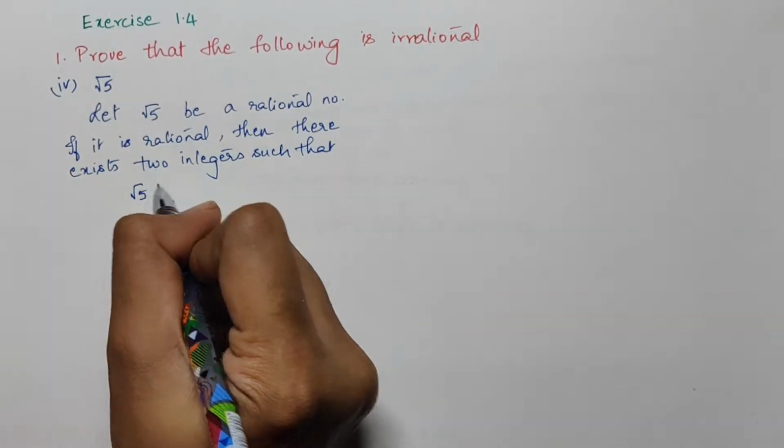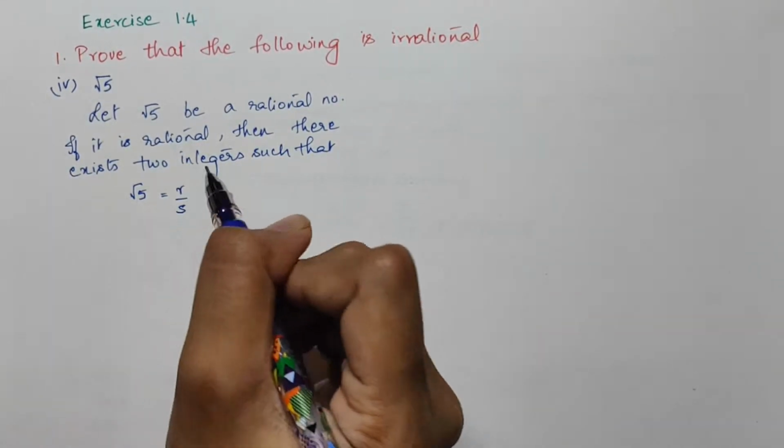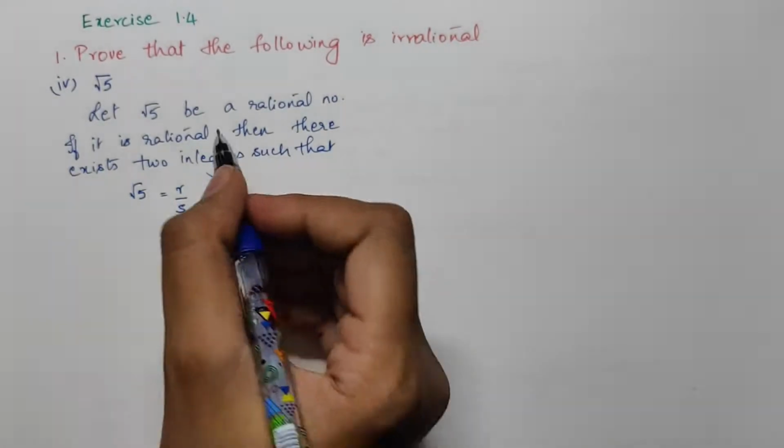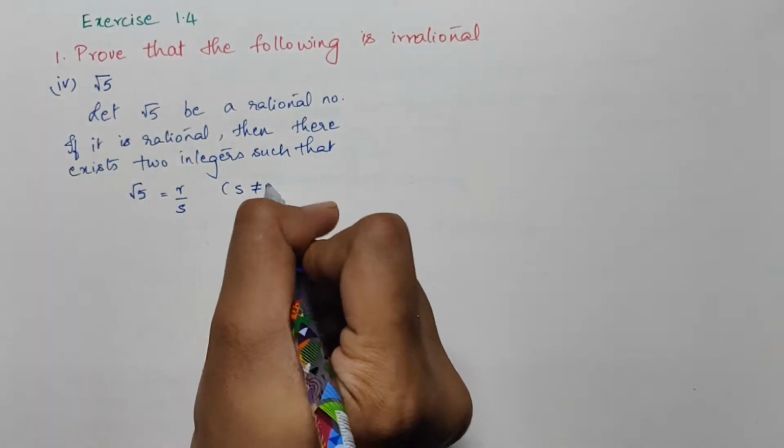Root 5 equals r divided by s, where s is not equal to 0.